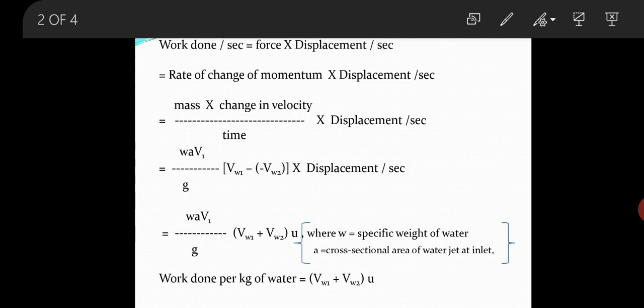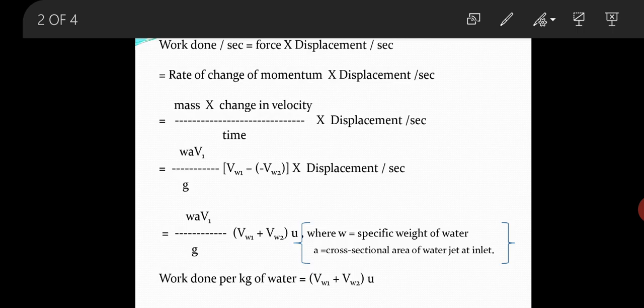So what is the change in velocity? Along the force direction, the wheel velocity acts. So we will take the velocity of the wheel. The velocity of the wheel at inlet is VW1, and at exit it is VW2.